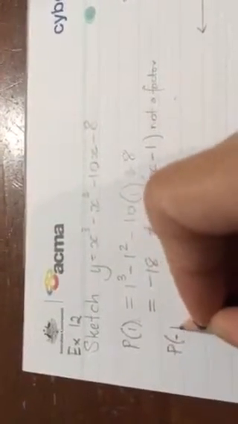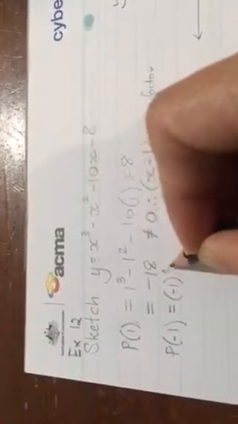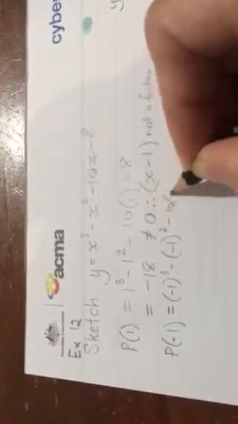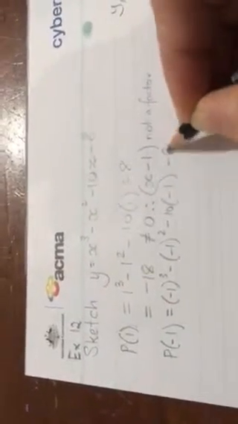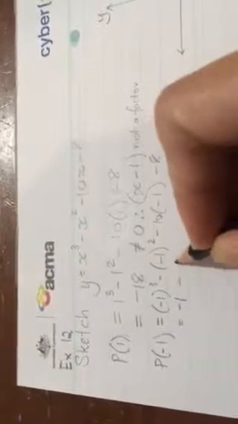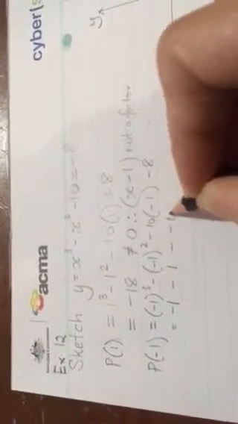So usually we go straight away to the negative. So that leaves us with negative 1 cubed, take negative 1 squared, take 10 lots of negative 1, take 8. And I know that makes negative 1, take 1, take negative 10, take 8.